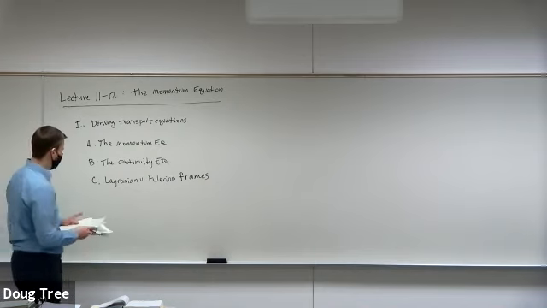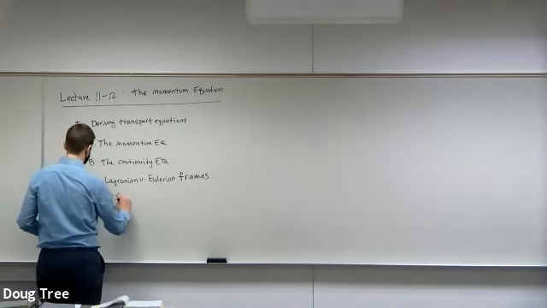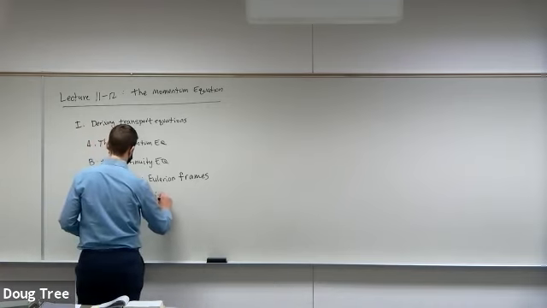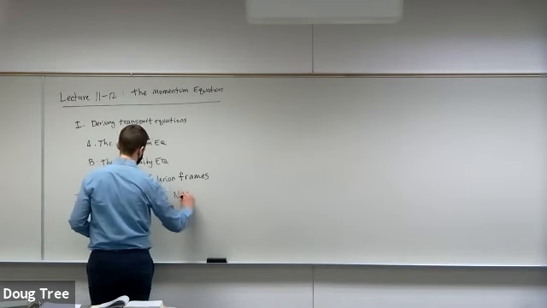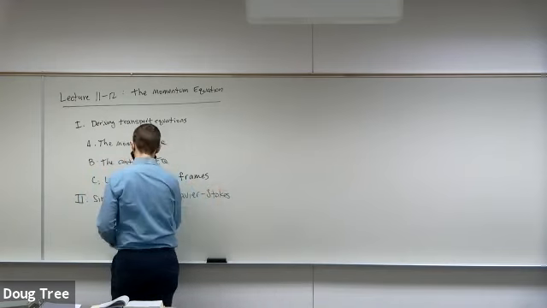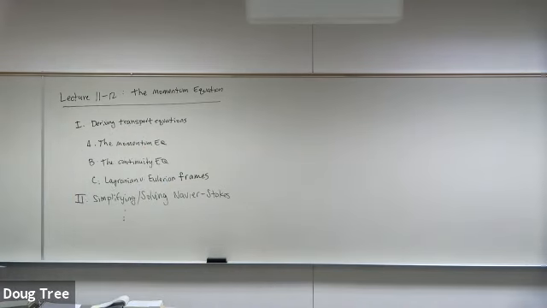No. And then we're going to do two: simplifying and solving Navier-Stokes. And we'll probably have some more A, B, and C, but I'm sure we won't get there today.